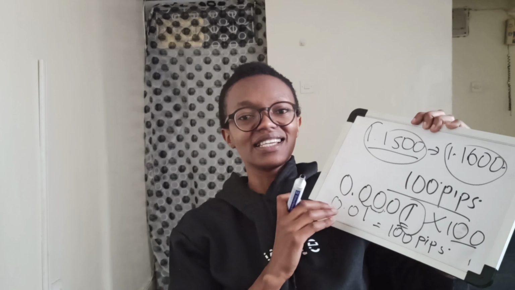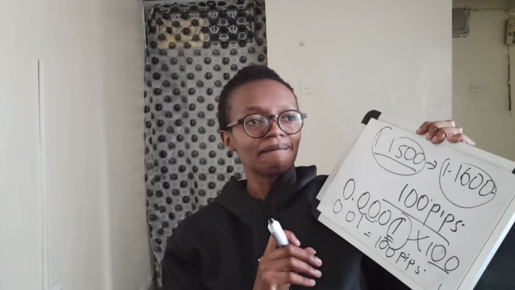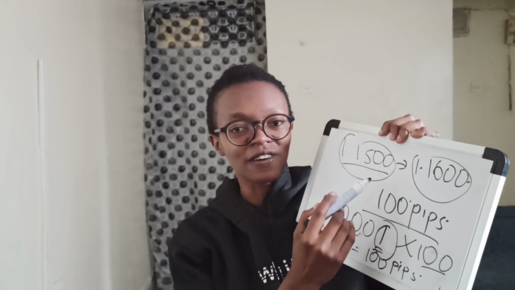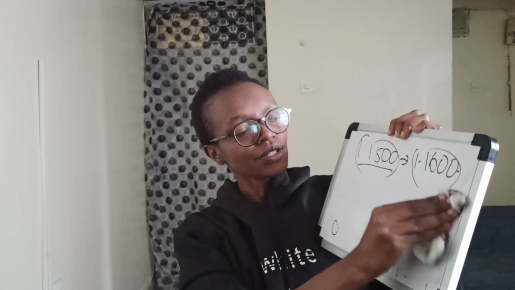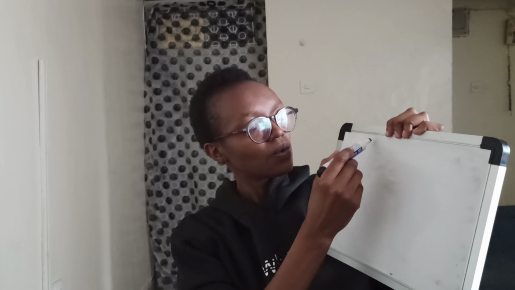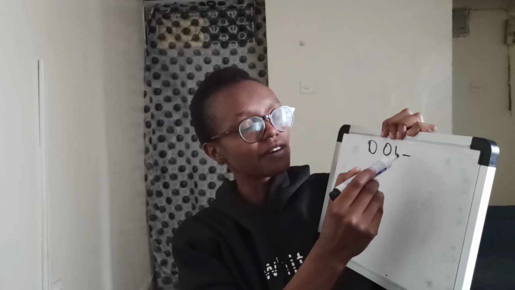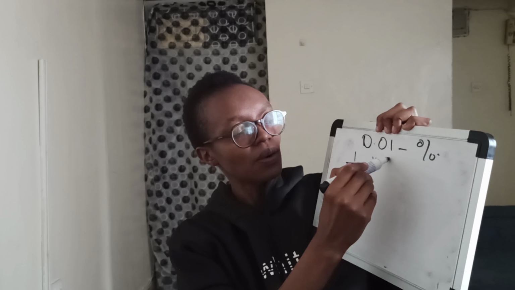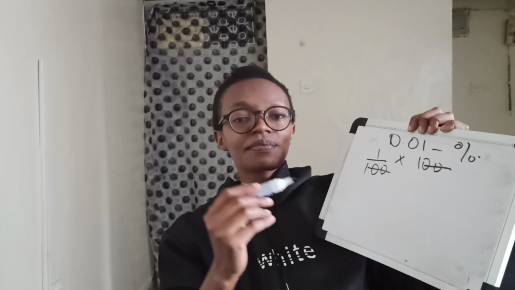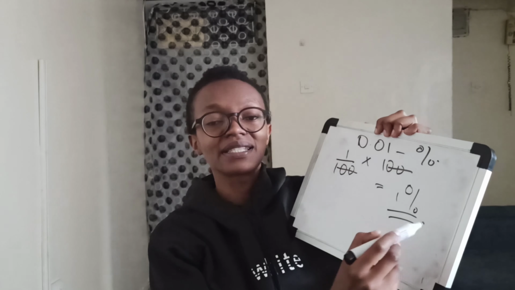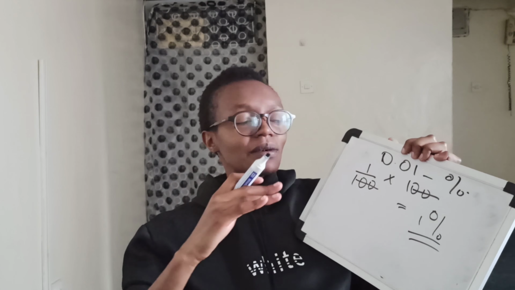So if I'm to write this in percentage form to find the actual percentage that price changed when it moved from 1.1500 to 1.1600, 0.01 in percentage form is going to be 1 over 100 times 100. So when price moves up 100 pips, it has just moved up 1%. That's the percentage change in the performance of that pair.